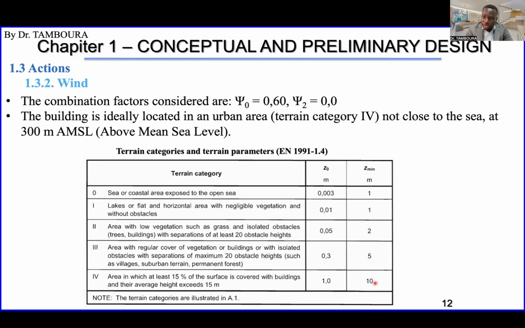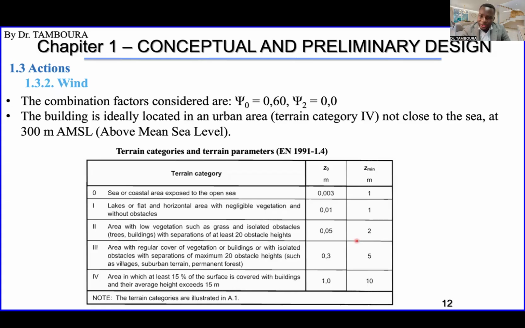This Z minimum is the height below which the wind force is considered to be constant. But above the 10 meters, the wind force increases as the height increases.